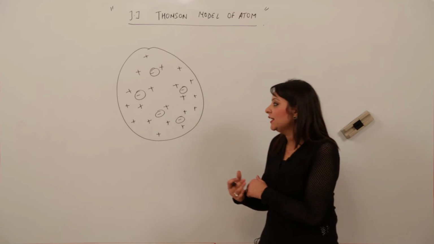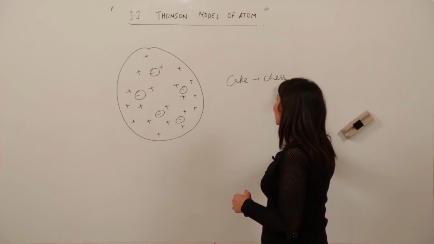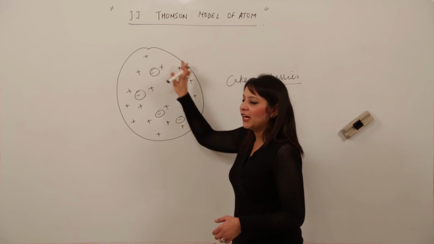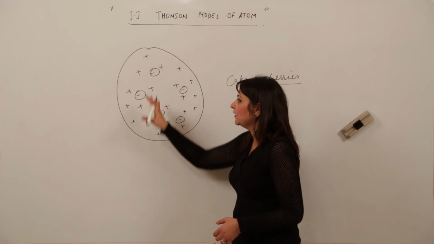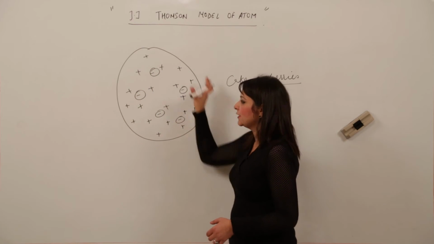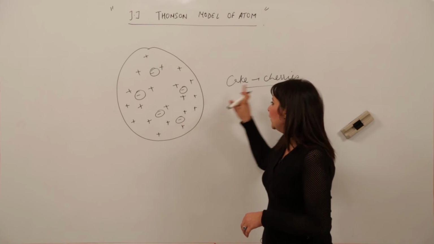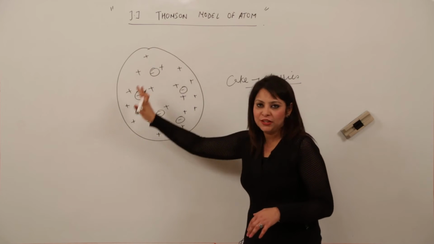He said as the cake has cherries in it, so likewise the positively charged atom has fewer electrons acting as cherries in the atom. So he compared the electrons with the cherries and the cake base with the atom, this positively charged sphere.